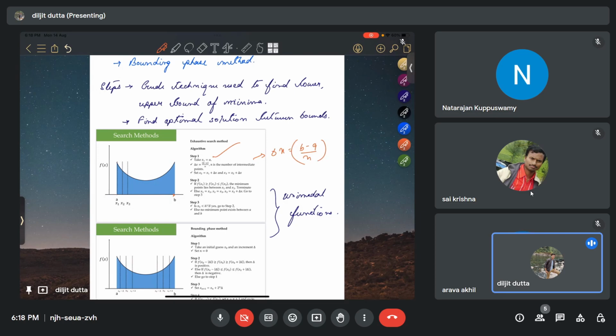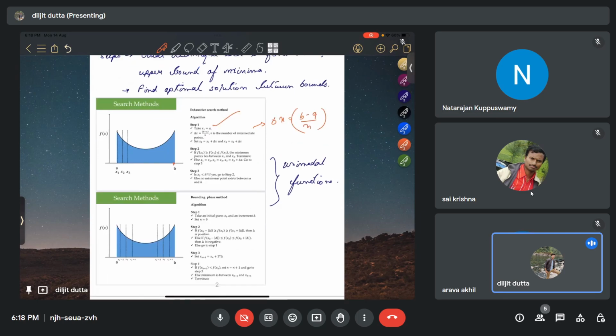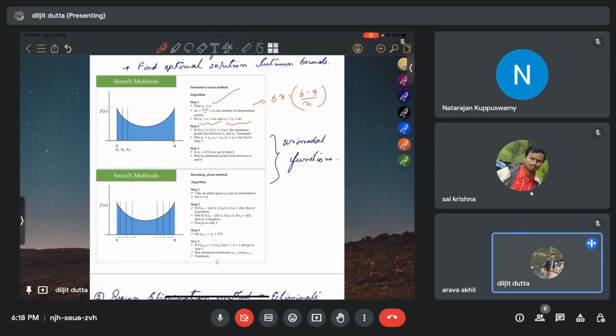Once we get delta x, we evaluate two other values. x2 will be x1 plus delta x, and x3 is x2 plus delta x. After getting the 3 coordinates x1, x2 and x3, we do the function evaluations at the 3 points, and then we check the conditions between the 3 function values.